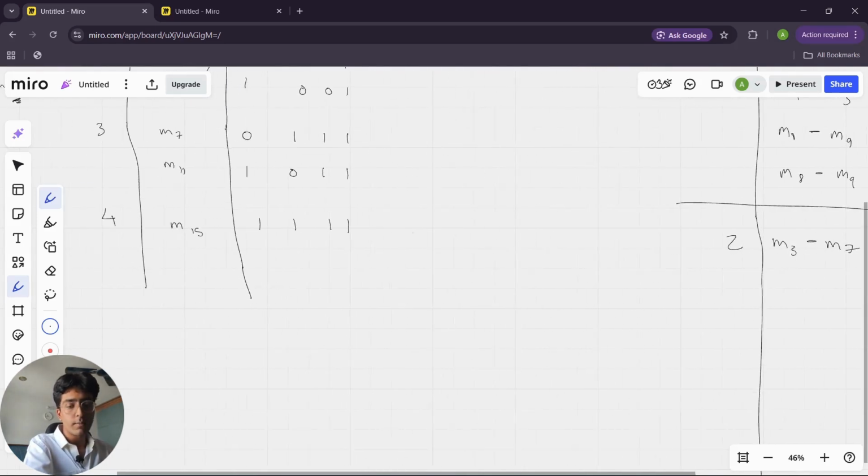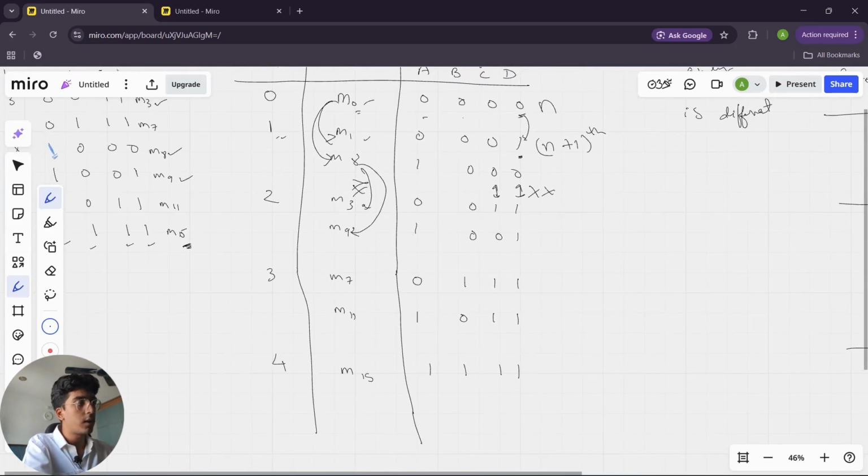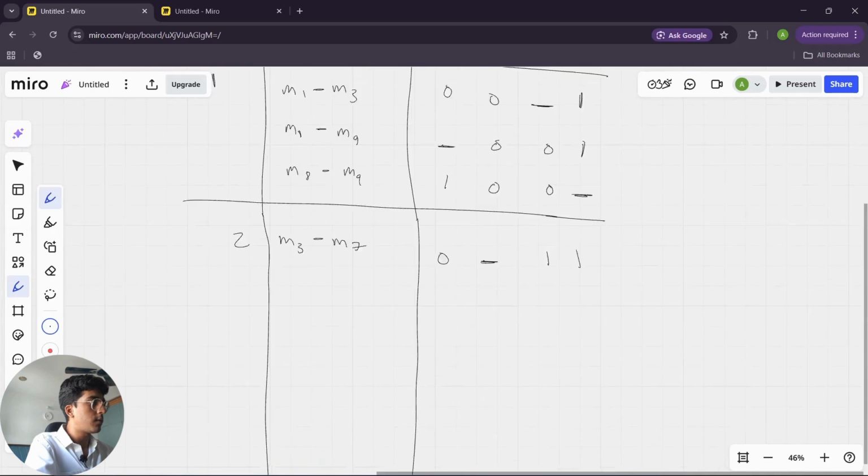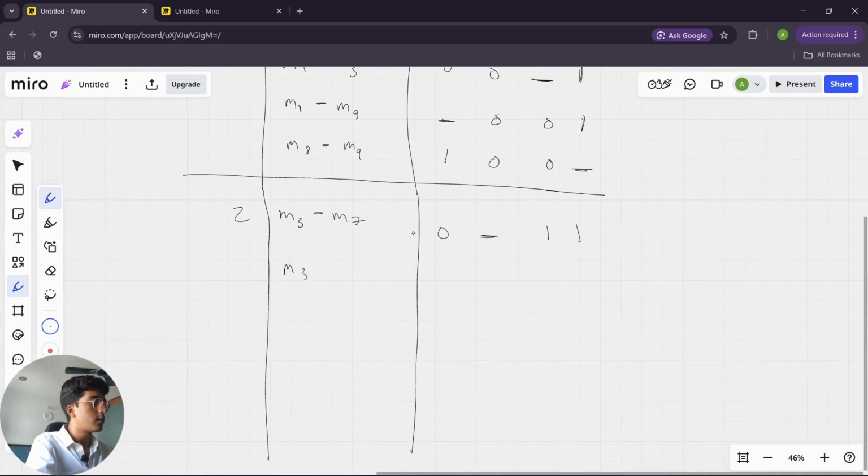M3 M7 हो गया. Next we'll compare M3 and M11. This is changing, and these are all the same. So M3 and M11 are a matched pair as well. How do we denote it? A dash and 0 1 1.